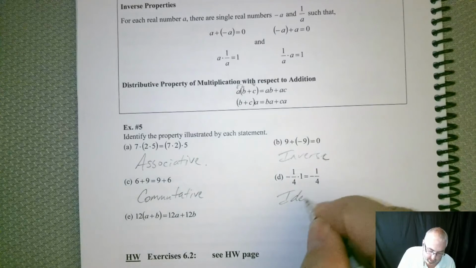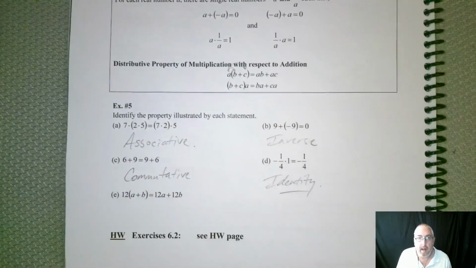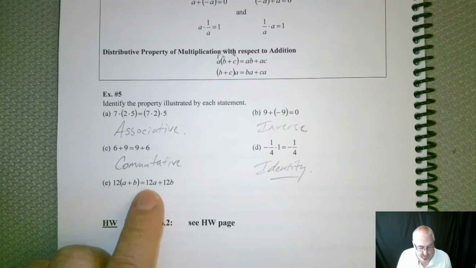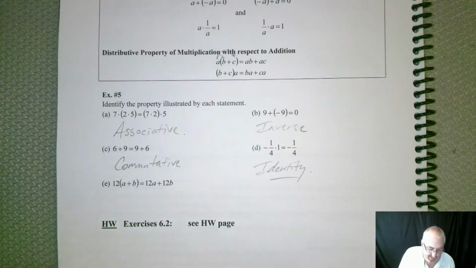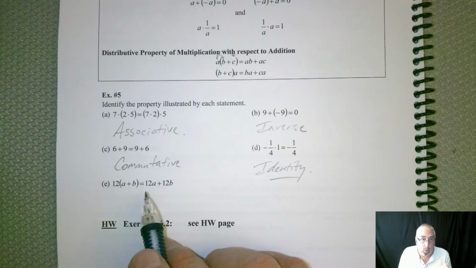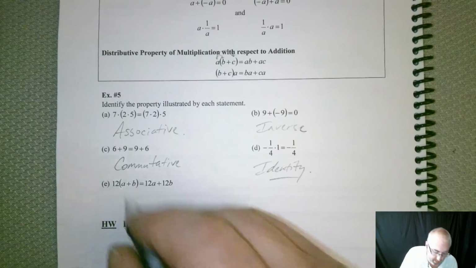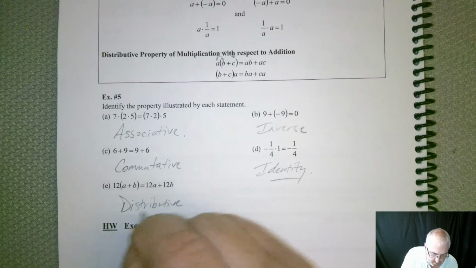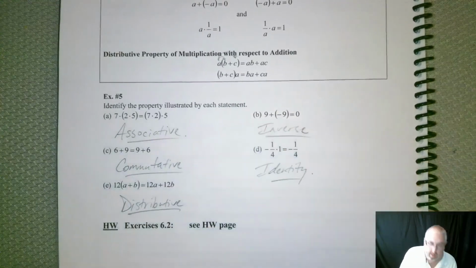All right, and now what about the last one? 12 times parentheses a plus b equals 12 times a plus 12 times b. Yeah, you can get that one. Anytime it has both multiplication and addition, or multiplication and subtraction as well, that would be the distributive property.